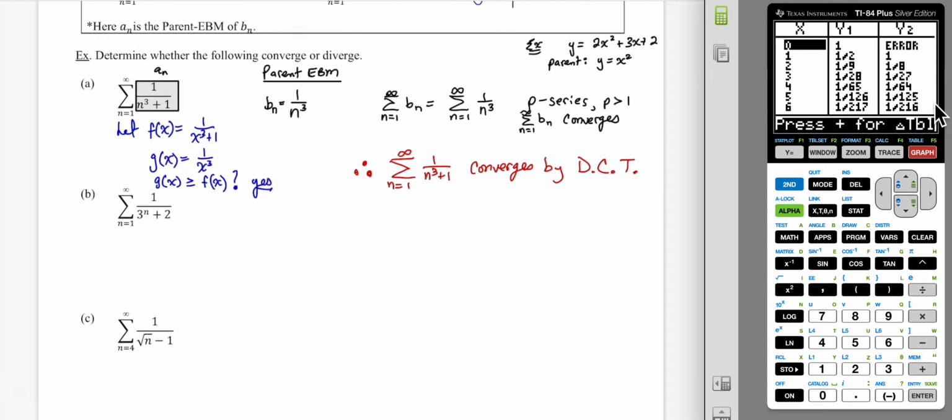Same idea for part B. We have an a sub n. We need a parent of that. The parent function to this behavior model, again, there are no extra coefficients flying around, so b sub n is going to be 1 over 3 to the nth. I need the sum, and I'm going to start stealing some work here.